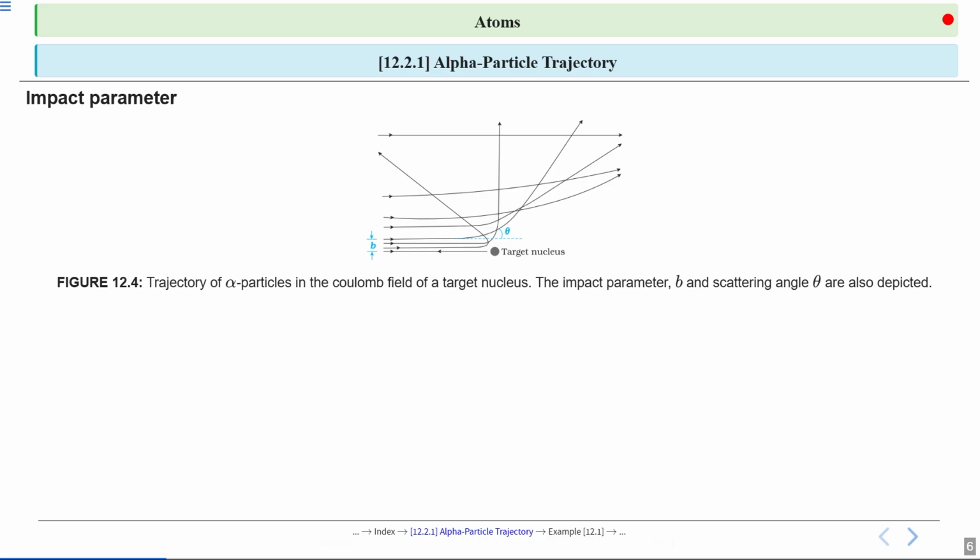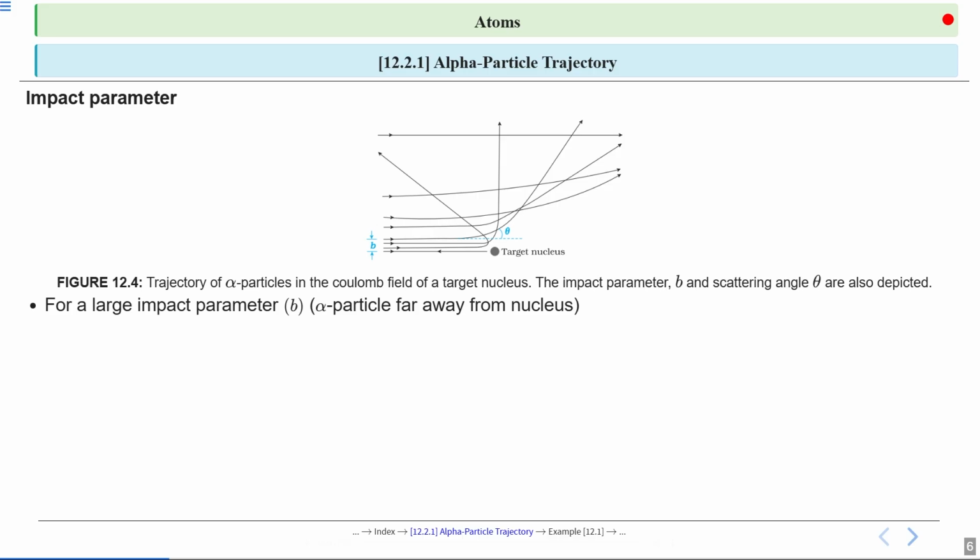The alpha particles that come close to the nucleus are deflected by a greater angle, greater theta, and those at a far distance from the nucleus are deflected less.